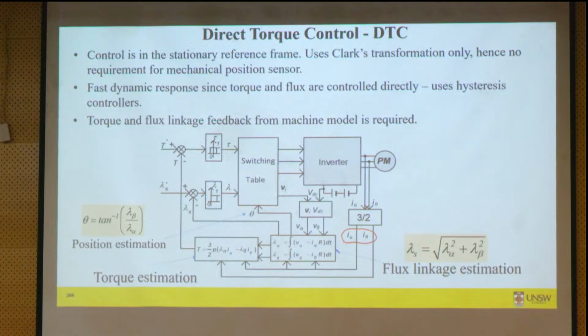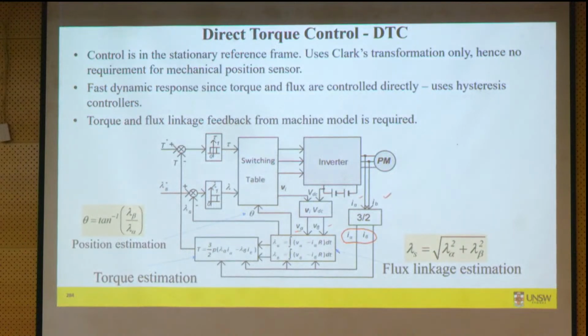We may also need voltage information here, because we want to calculate the flux linkages for DTC. Sometimes they use a DC bus voltage sensor. So you will have current sensors to get your current information, and a DC bus sensor for DTC, and using that DC bus information you can calculate V alpha and V beta.